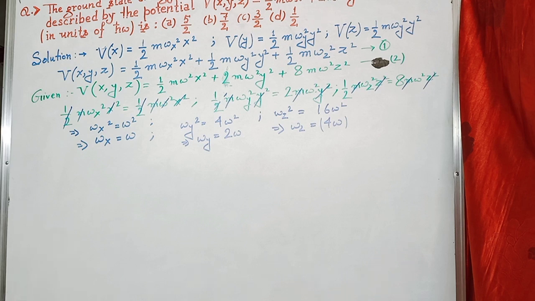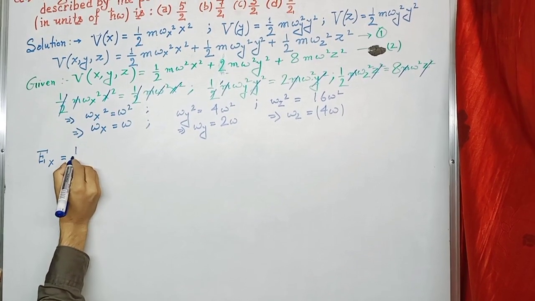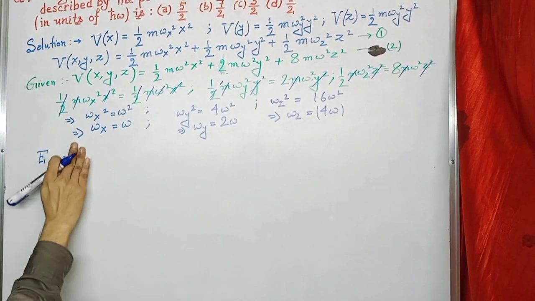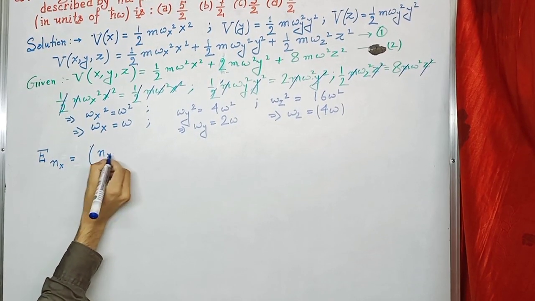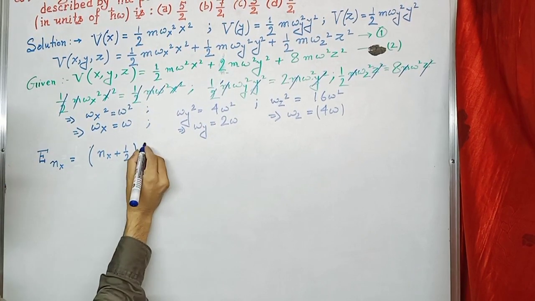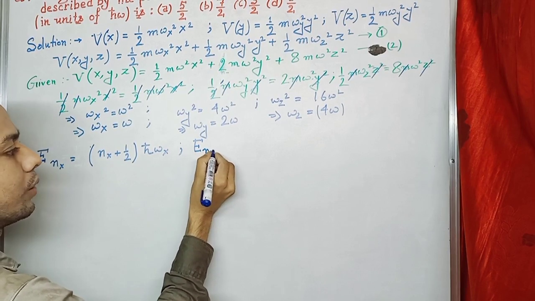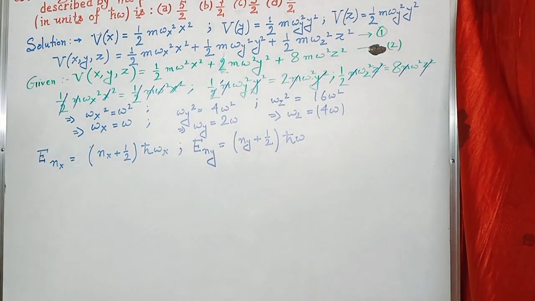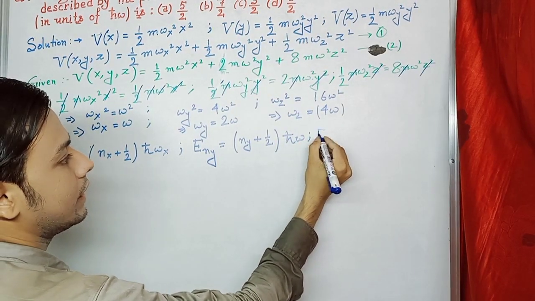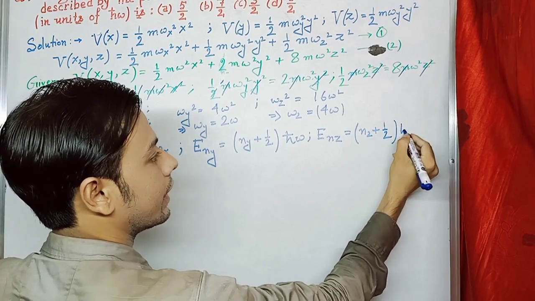Now, as you know, the energy in the x coordinate, E nx, will be equal to nx plus half into h cut omega x, and the energy in the y component, E ny, will be ny plus half into h cut omega y, and again E nz will be nz plus half into h cut omega z.